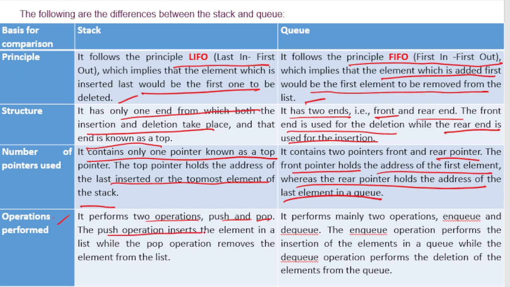Push inserts an element and pop removes an element from the list. Similarly, the queue also performs two operations, enqueue and dequeue. Enqueue means insertion and dequeue means deletion.